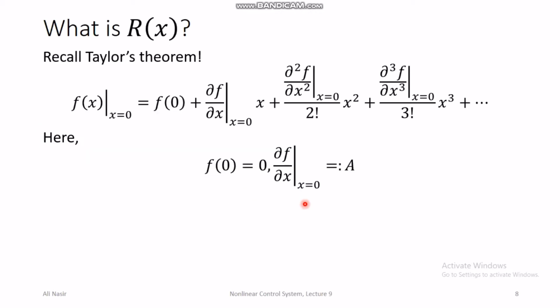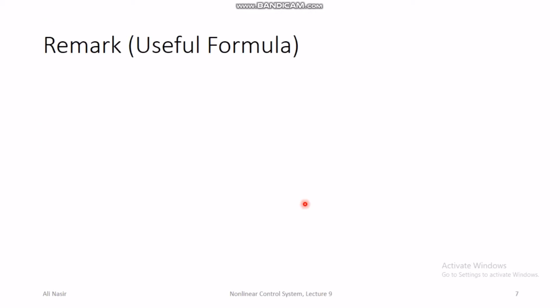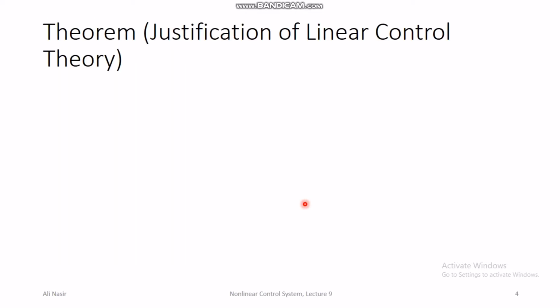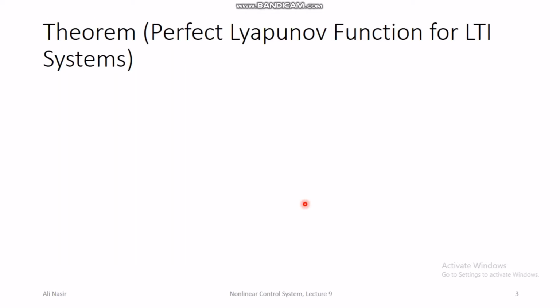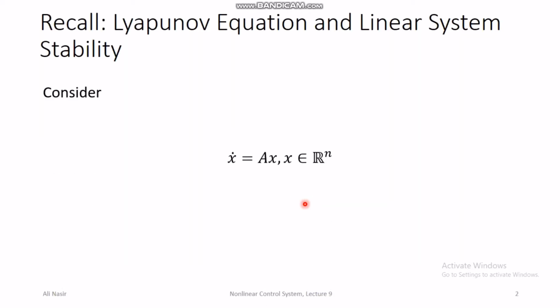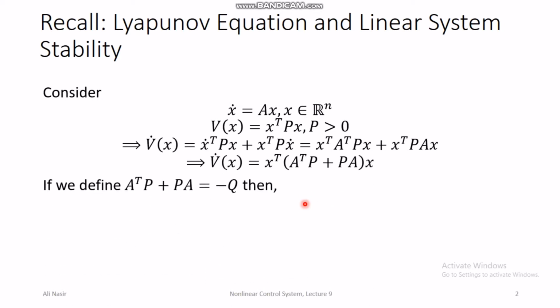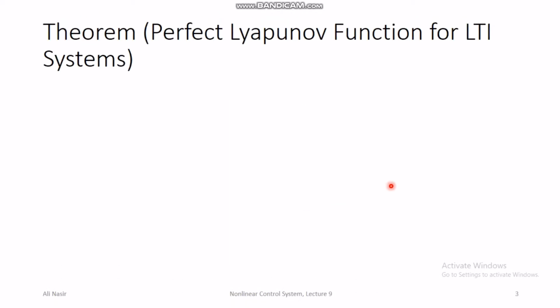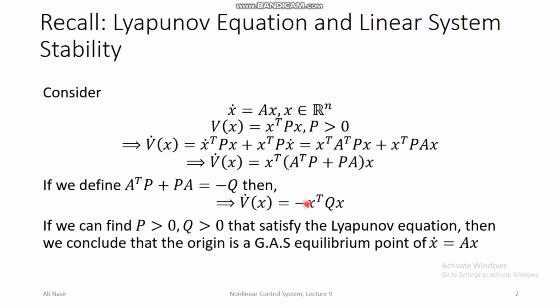Before I finish up this video, I would like to go through the whole lecture in quick succession. So we started by recalling the quadratic Lyapunov function for linear approximations of nonlinear systems, and then we established that if you can solve the Lyapunov equation with any Q, then you can conclude that the linear system is globally asymptotically stable.